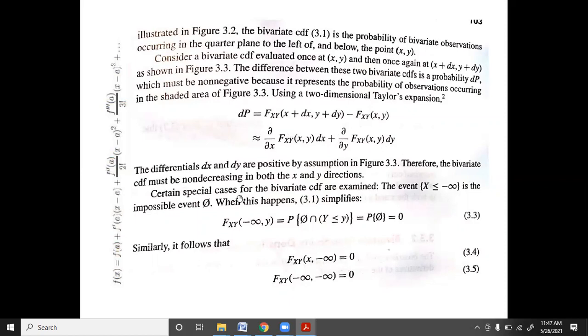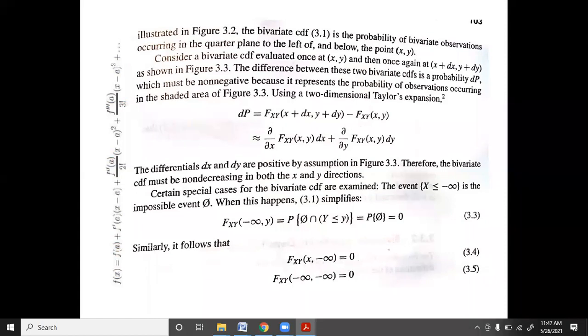Therefore, the bivariate CDF must be non-decreasing, or monotonically increasing, in both the x and y directions. Again, similar to the one-dimensional CDF, the CDF is non-decreasing or monotonically increasing.